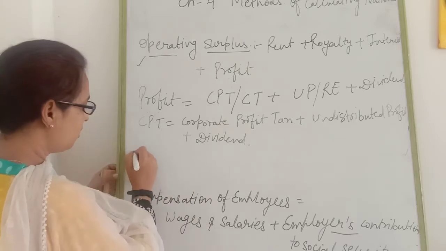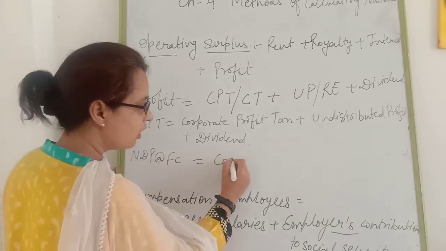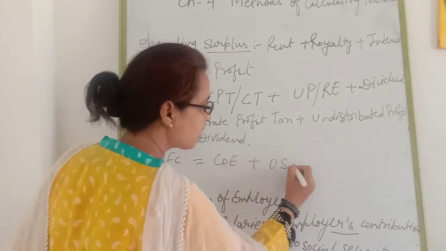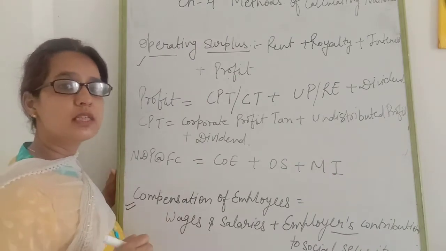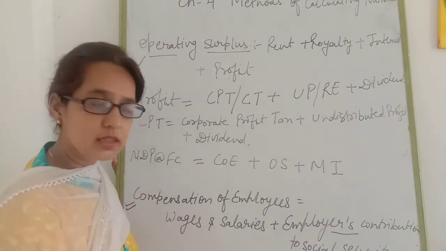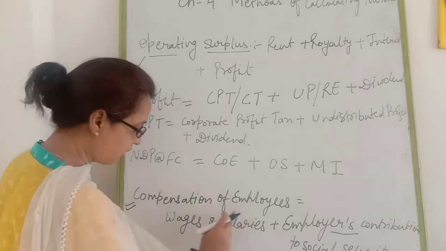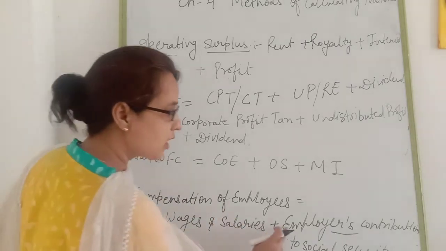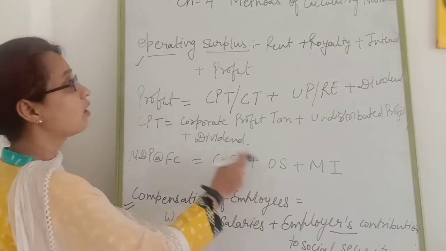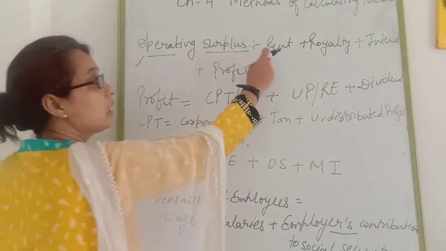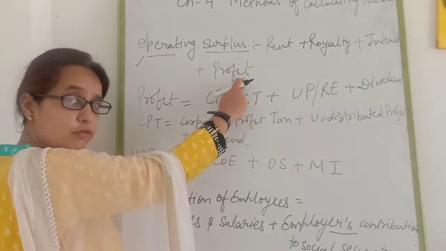I told you here NDP at FC. What is the formula? COE plus operating surplus plus mixed income. Mixed income is given in the question as it is. First, COE: wages and salary plus employer contribution to social security. Operating surplus: rent plus royalty plus interest plus profit. I hope all of you are clear.